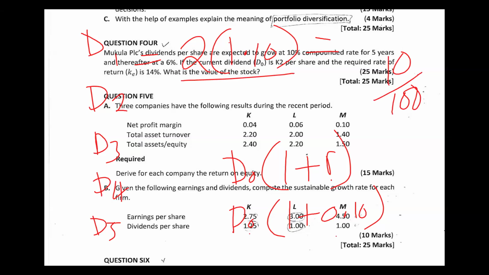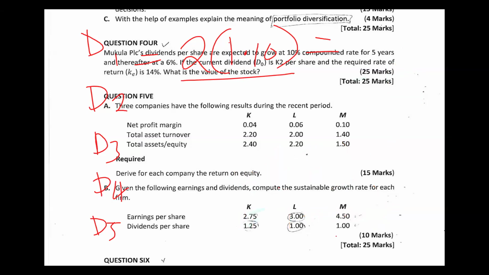Okay? So what is going to be your dividend at the end of 1 year? 2.2. 2.20. What about in the second year?